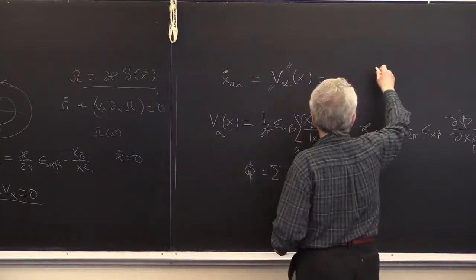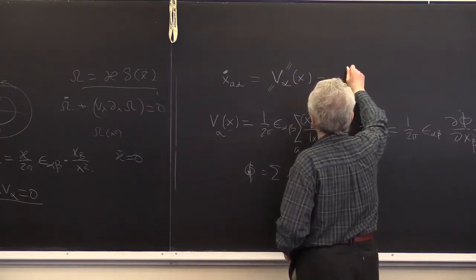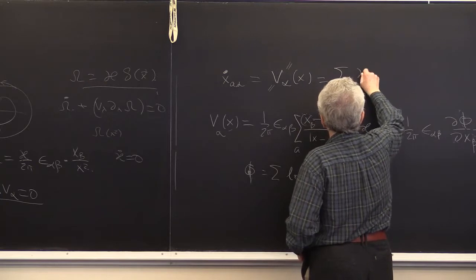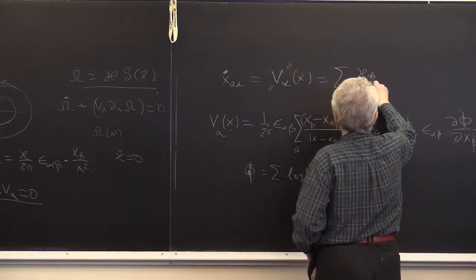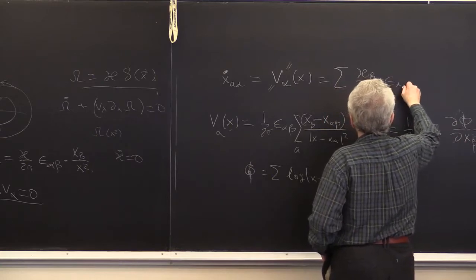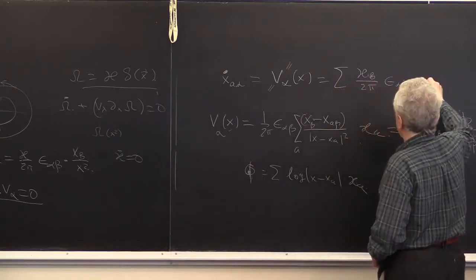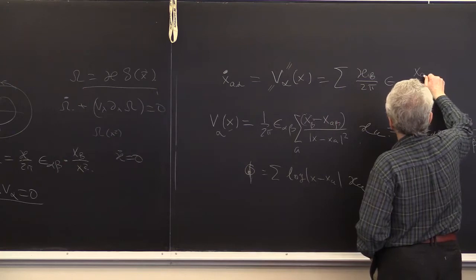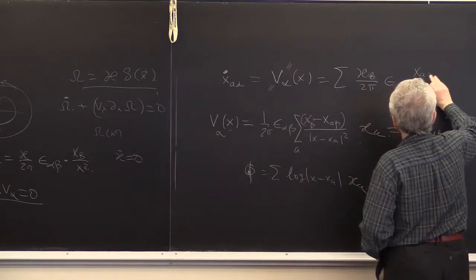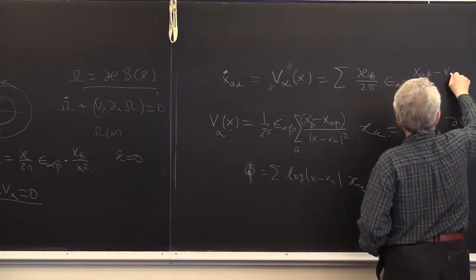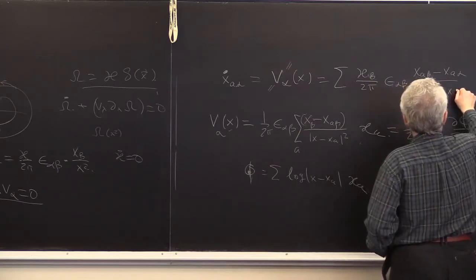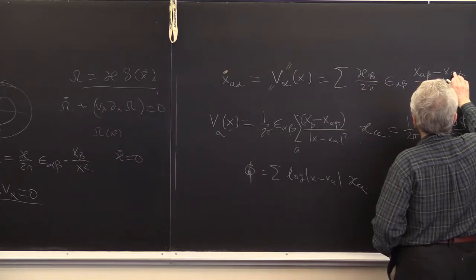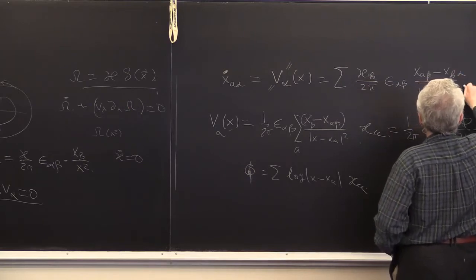So the final equation was that it's kappa A, kappa B divided by 2 pi, epsilon alpha beta, x_a beta minus x_b alpha, over x_a minus x_b squared.